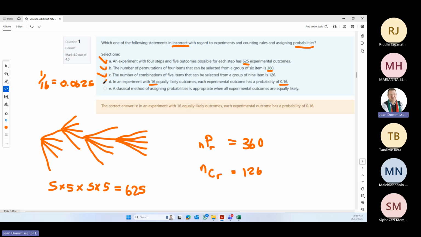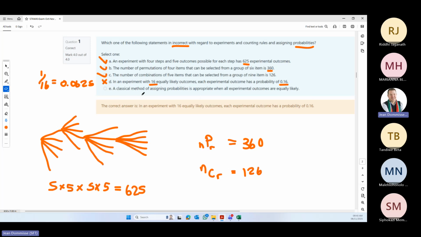That's why that one is incorrect. So each outcome has a likelihood of 1 divided by 16, which is 0.0625. It's easy to make this mistake because you see 16, you see 0.16, you just mark it as correct. Okay, so easy to make this mistake.